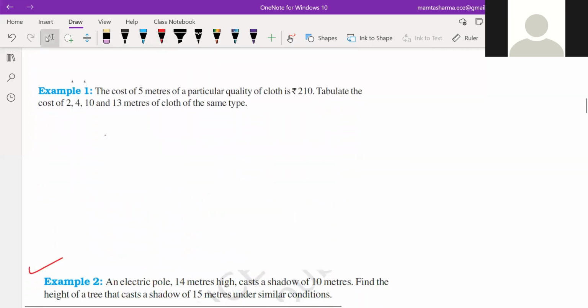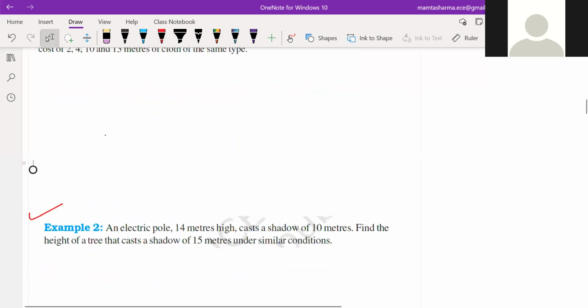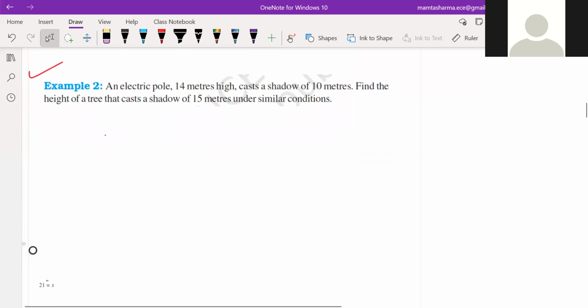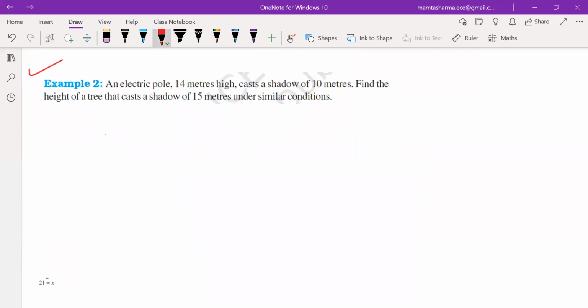Okay, now see. This question is important. An electric pole, 14 meter high. One electrical pole is there. Height is 14 meter. It casts a shadow of 10 meter. This is the shadow of this electrical pole, and this shadow length is 10 meter. Find the height of the tree that casts a shadow of 15 meter length.